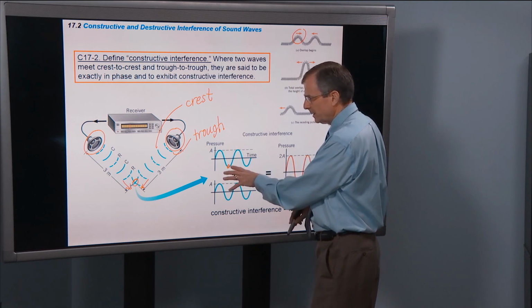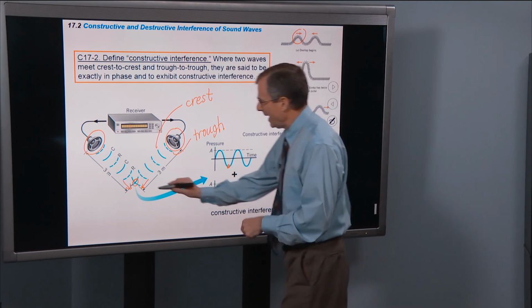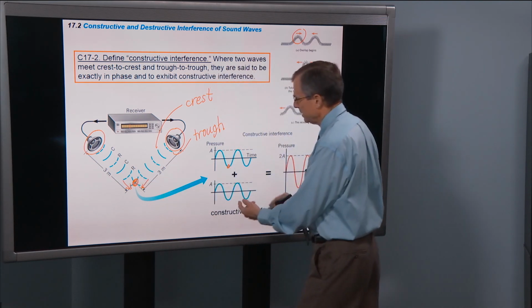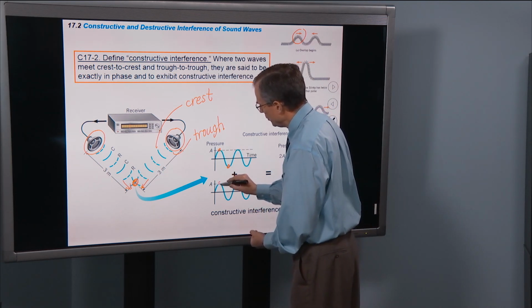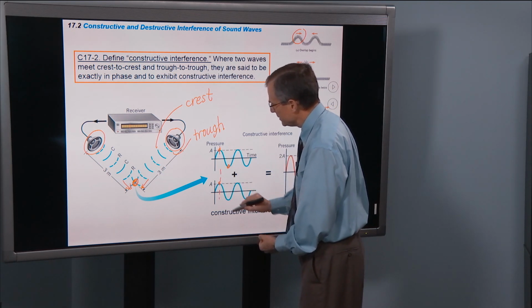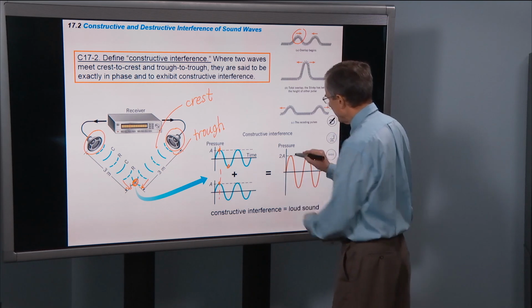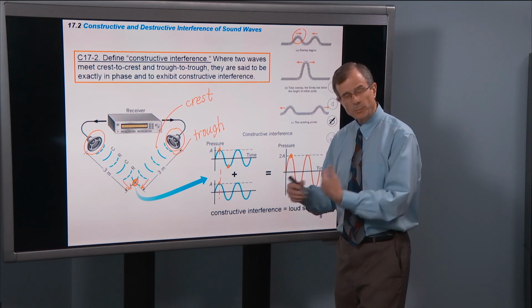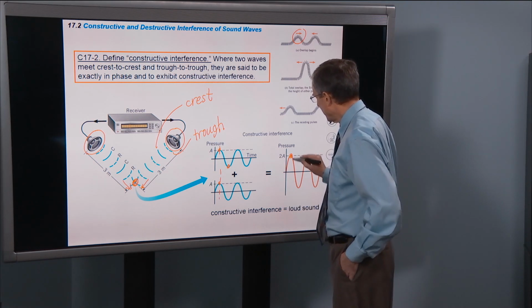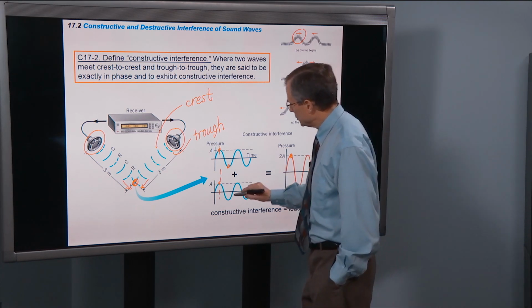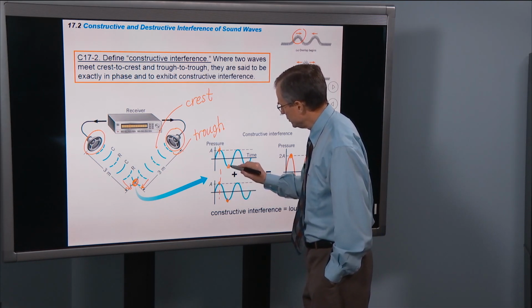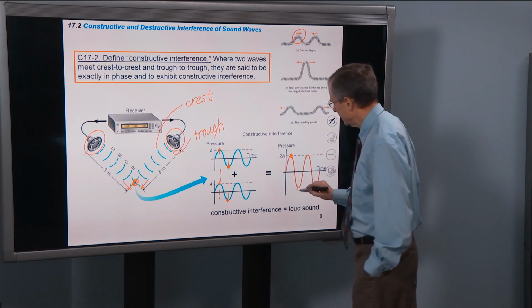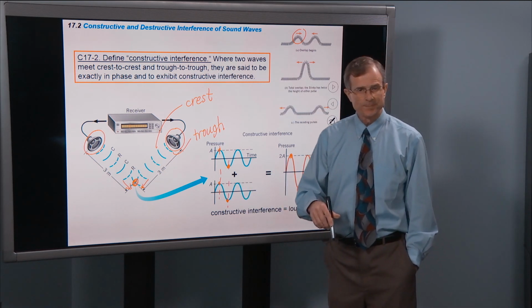So if we look at the pressure as a function of time at this particular point, then the two crests arrive at the same time, and the net effect is you get double the pressure. The two pressures add together and you get twice the pressure. When the two troughs arrive at the same time, then you get a trough that's twice as deep.